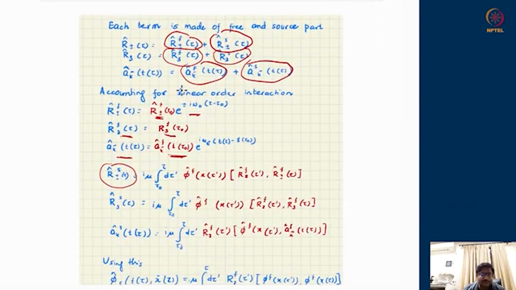So therefore we have to be very aware of the fact that all the rs which are appearing are iterative equations of rf plus rs, and at the leading order rs should be obtained from one power of mu. That means all the operators appearing inside are just free part, and all free parts multiplying together with the coupling parameter mu generate for you the source part. Okay, this is the leading order result.